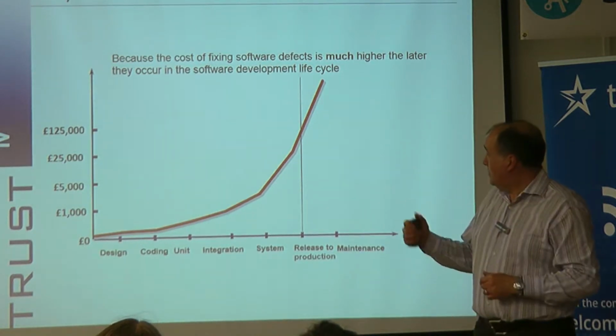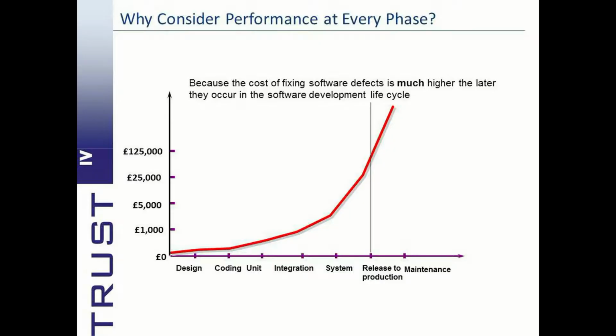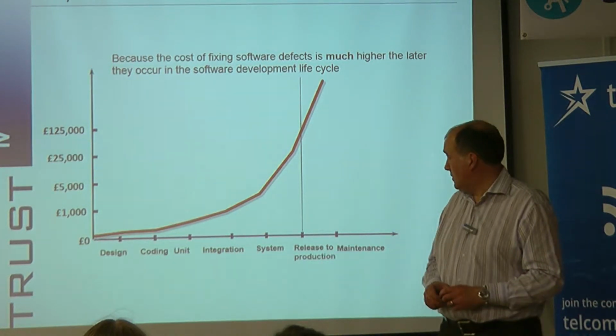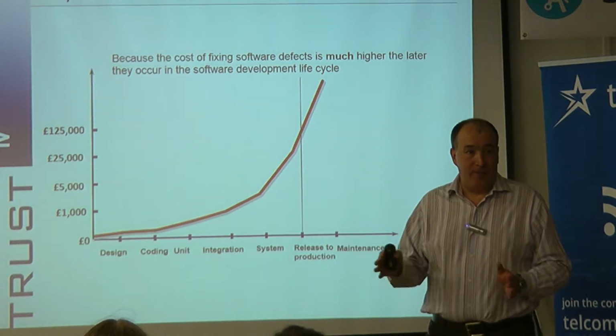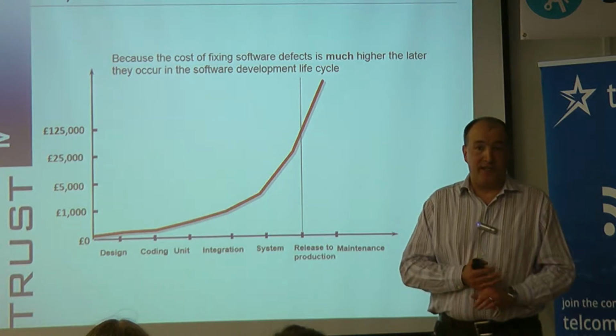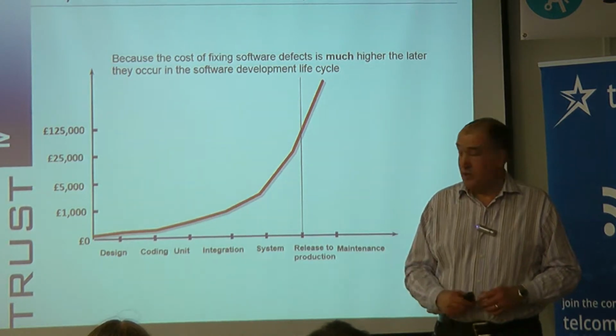One of the key reasons, these numbers are made up by the way on the left hand side, why you should look at performance at every phase is that as a project gets nearer to completion, or worse still after it's been released to an audience of users, all the way along that process, the cost of fixing defects is going up all the time.